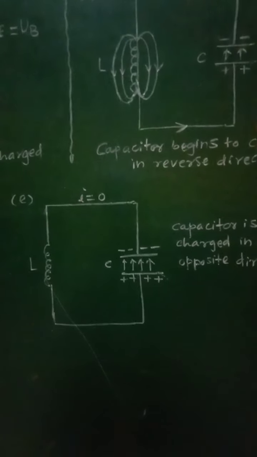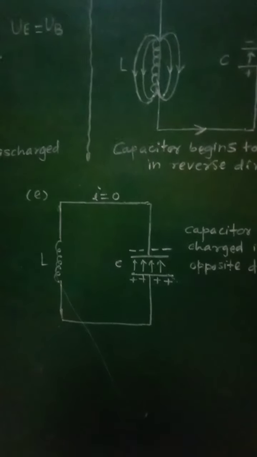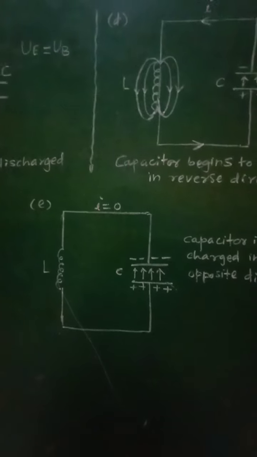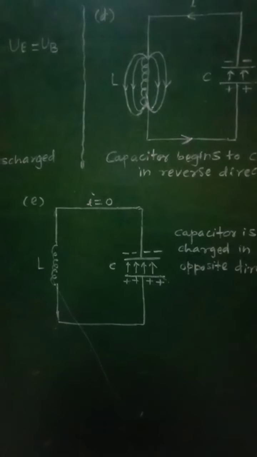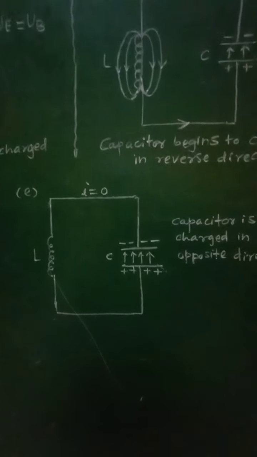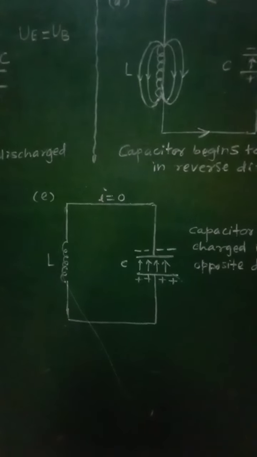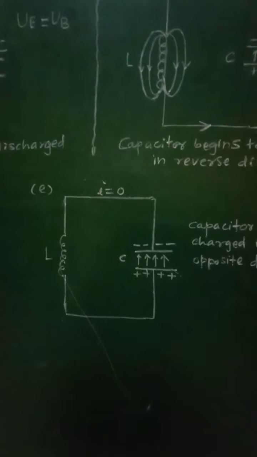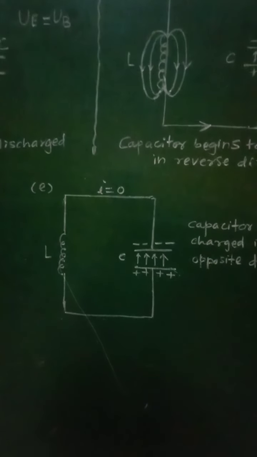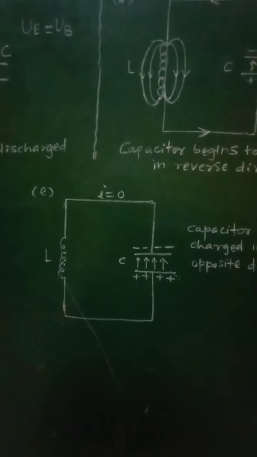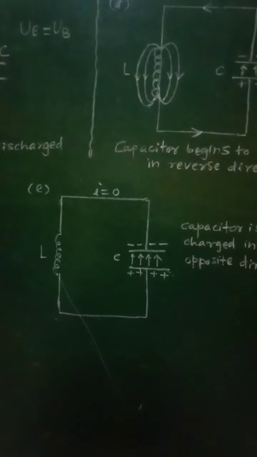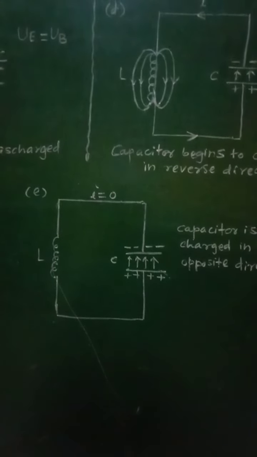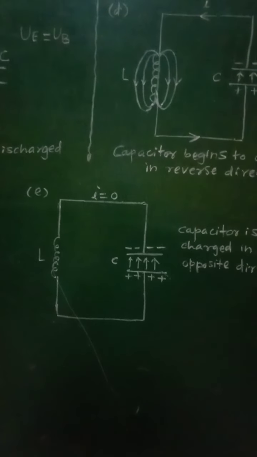Thus, if we consider all the cases, the charging and discharging process of the capacitor repeats again and again. Similarly, the electrostatic energy and magnetic energy of the capacitor and the inductor get interconverted again and again repeatedly.